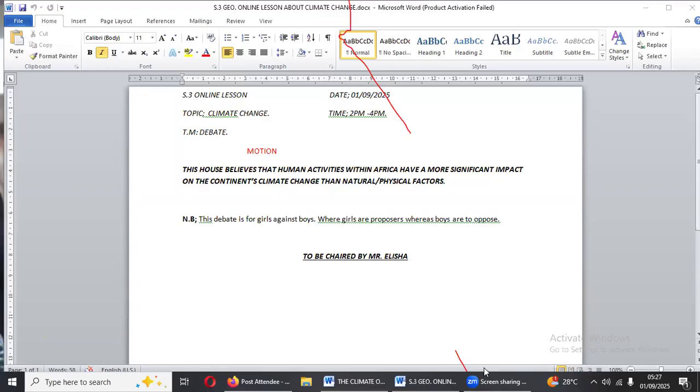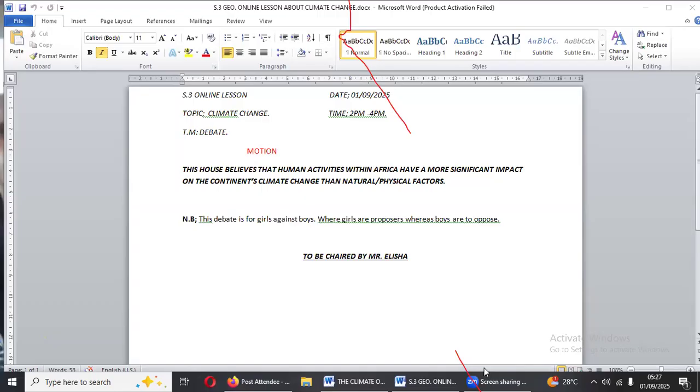In this resolution, it states that this house believes that human activities within Africa have a more significant impact on the continent's climate change than natural or physical factors. When you look at "a more significant impact," that means a more considerable or larger impact on the climate change.